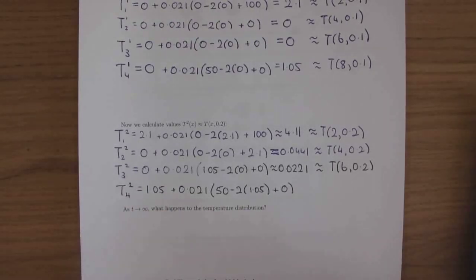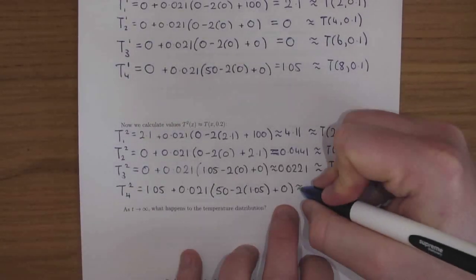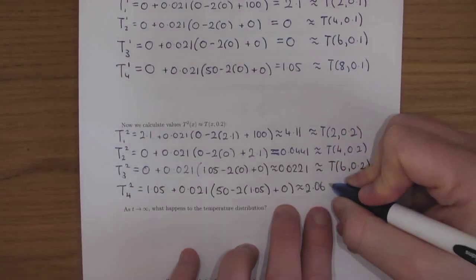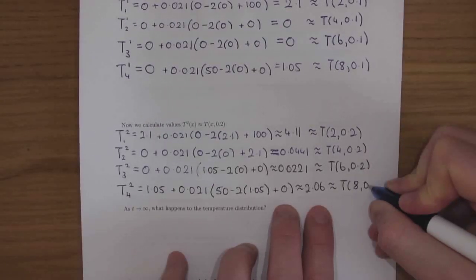And let's see what the calculator says to this. We'll just do 3 significant figures. And we're expecting this to be smaller than 2.1. Yeah, a bit smaller, 2.06. And that is an approximation to the temperature at 8 at time 0.2.